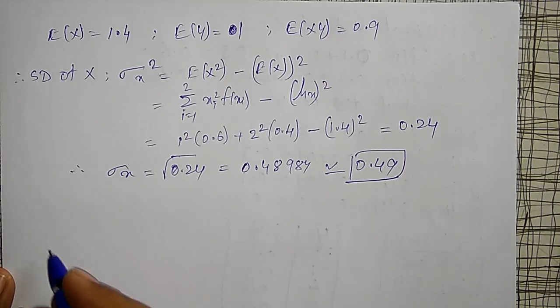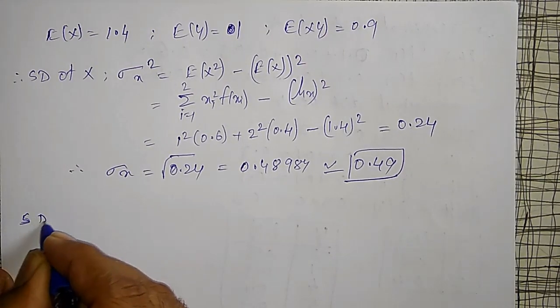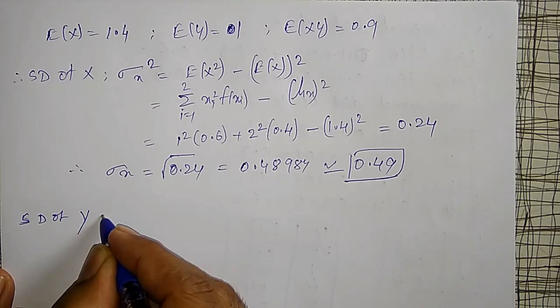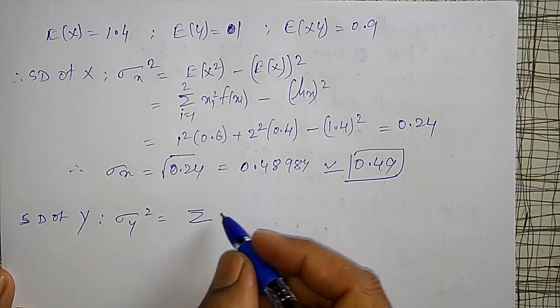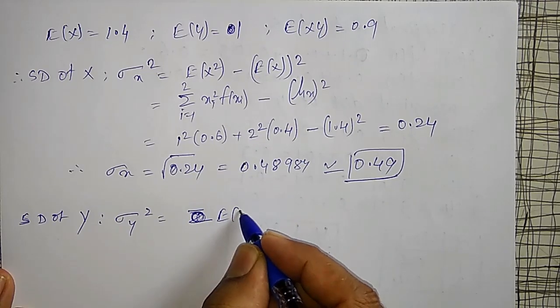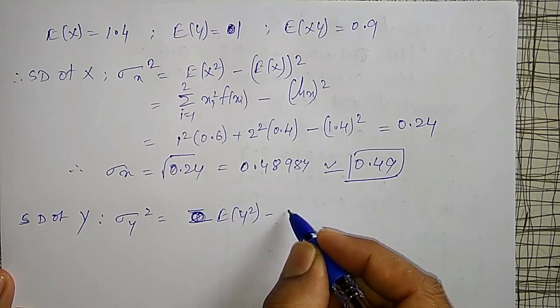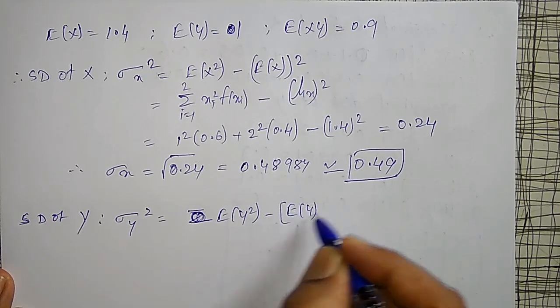Standard deviation of y: variance of y, sigma y square, equal to expectation of y square minus expectation of y the whole square.